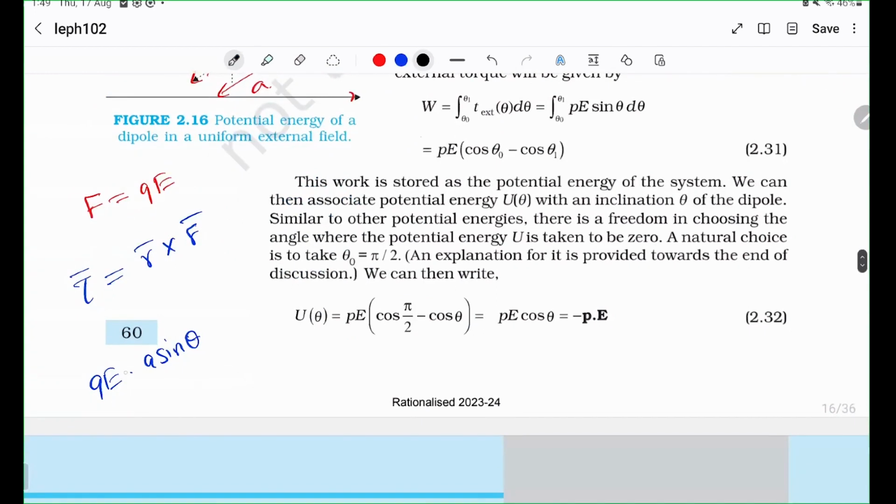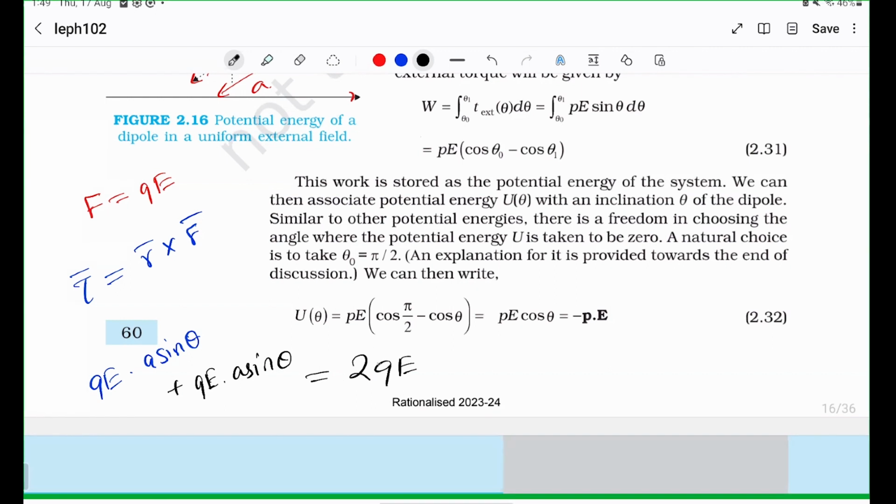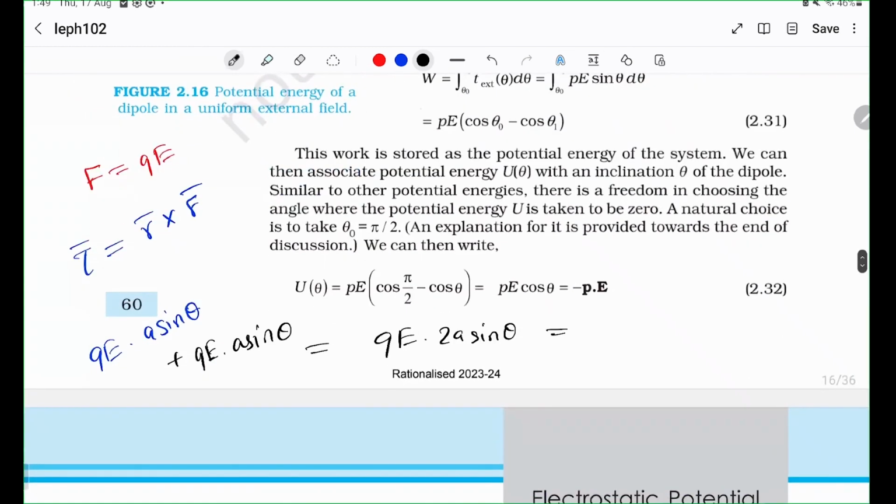So anyway, qE times a sine theta plus qE times a sine theta is the torque. So it's qE times 2a sine theta. But qE is the force, and you can rearrange this as q times 2a times E times sine theta.